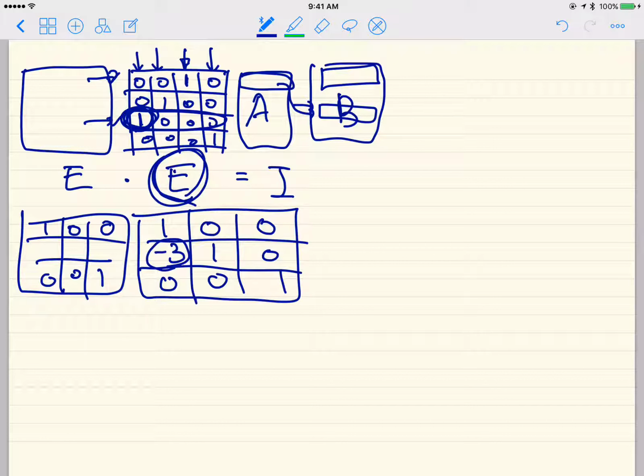So the question is this guy. What will be this number? Can you give a number specifically? So it's like -3 times the first row plus the second row became, so let's call this the old, and this is the new, right?